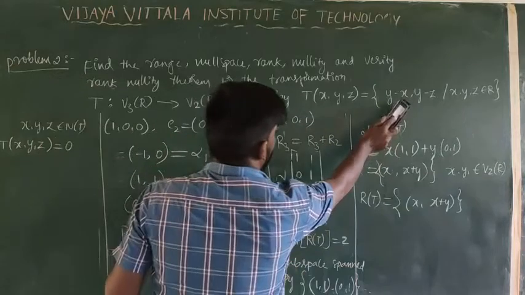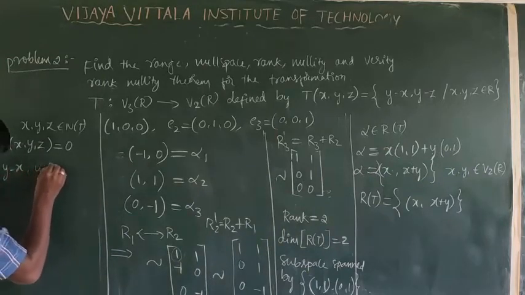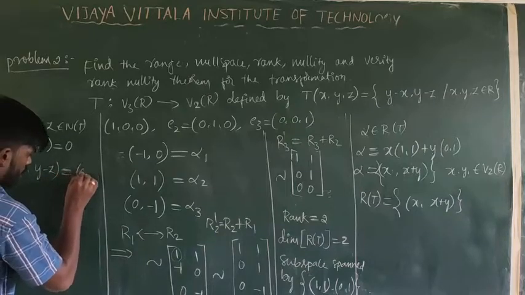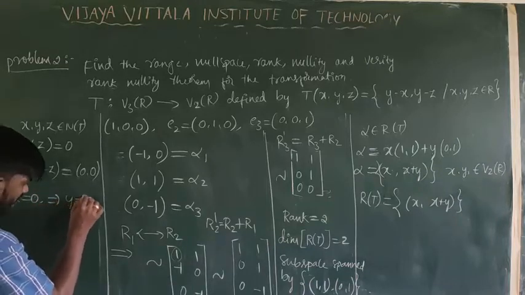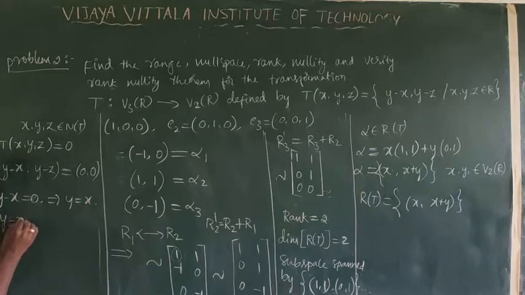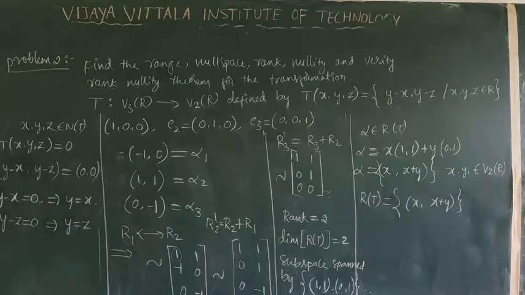The linear transformation given is y minus x comma y minus z, which equals 0 comma 0. Y minus x equals 0, which gives y equals x, and y minus z equals 0, which implies y equals z. Let x be some scalar k, then y is also equal to k and z is also equal to k.